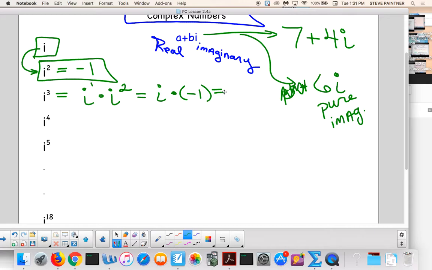So what's the answer to i cubed? Negative i. Okay, so look at this. i cubed is -i. i squared is -1. i is just i. i is the imaginary number. Okay, I'm going to keep growing. The exponent gets bigger. i to the 4th.